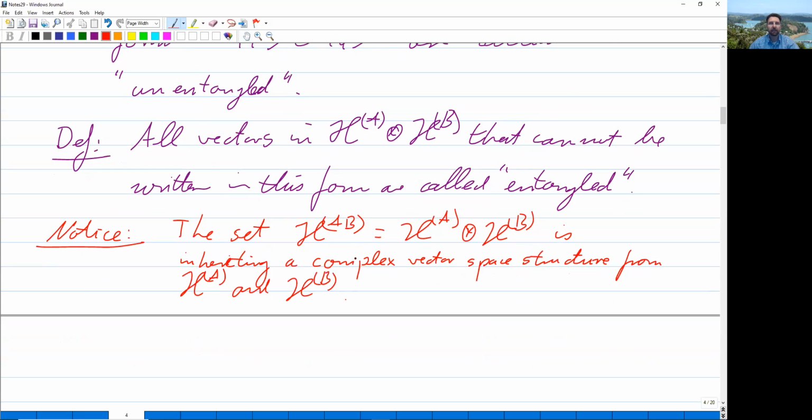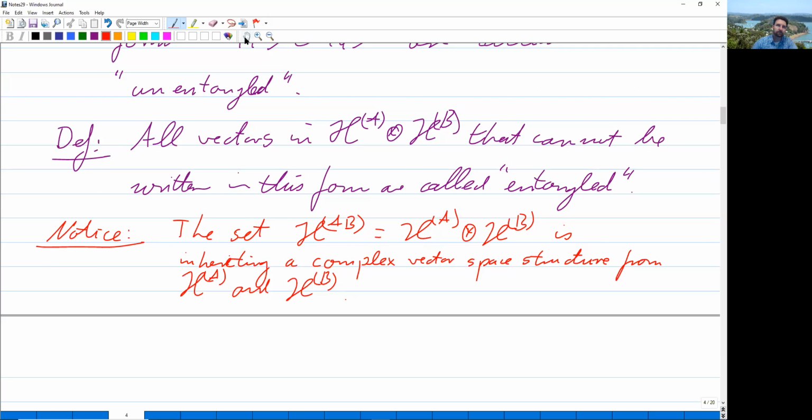Remember that HA and HB are Hilbert spaces, which means that they are complex vector spaces. And of course, they have more structure too, which is that they have an inner product and that they are complete, that they have a notion of norm and a notion of distance, and then a notion of limit taking, and then from that you get a notion of completeness. But the very first notion that we defined for Hilbert spaces is that they are complex vector spaces.